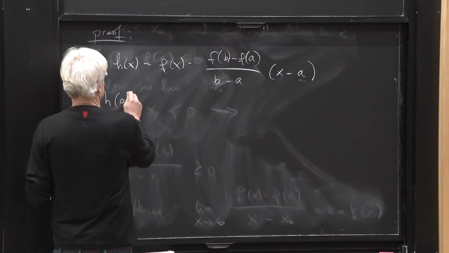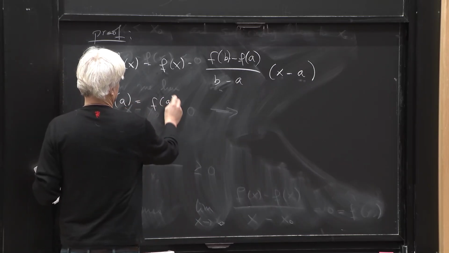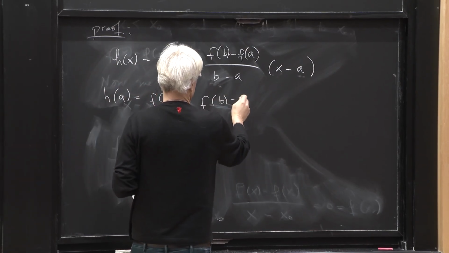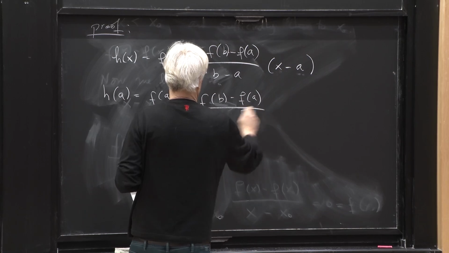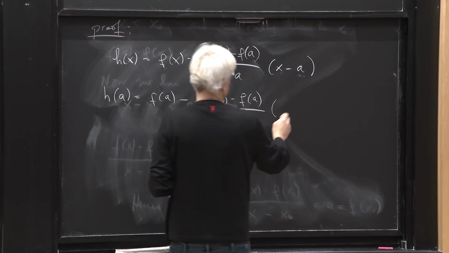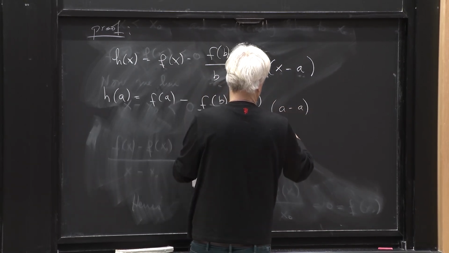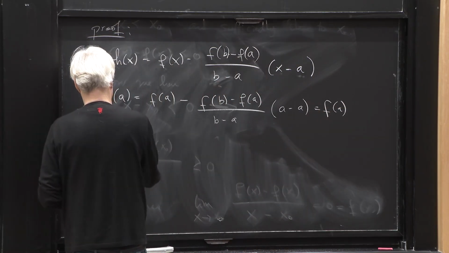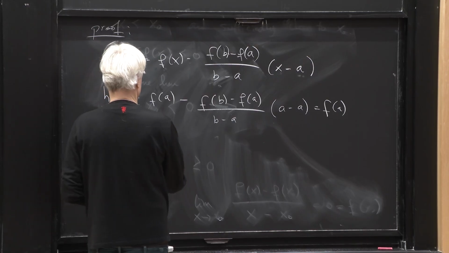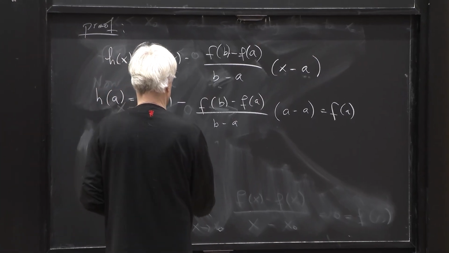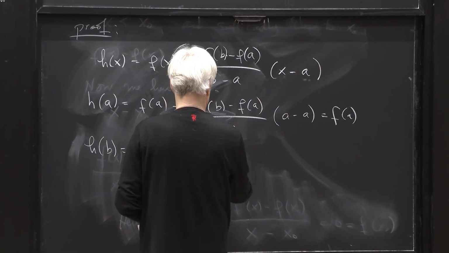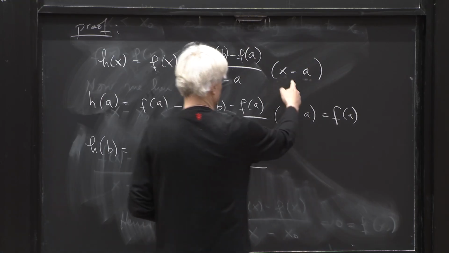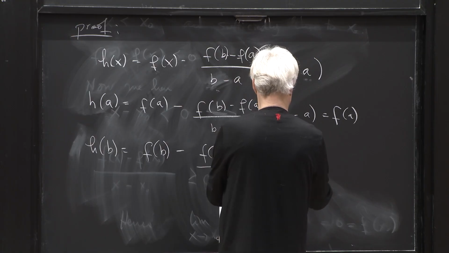h of a is f of a, and then this thing here minus (f of b minus f of a) over (b minus a), and then this here is a minus a. So this is 0, so this is f of a. h of b is f of b minus (f of b minus f of a) over (b minus a), and here you plug in b, so b minus a.